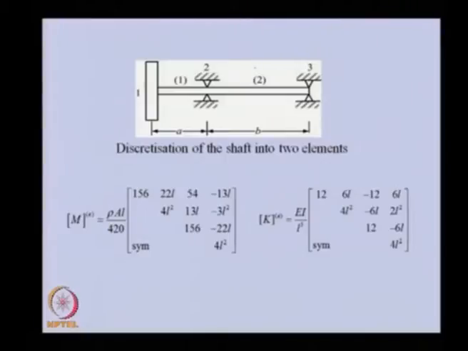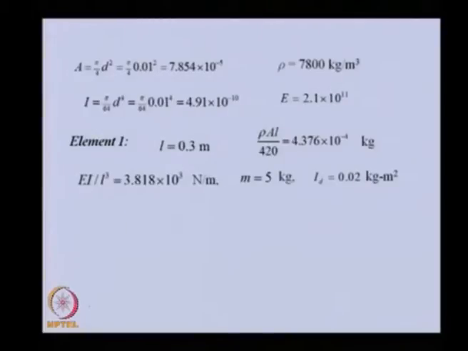This is the standard mass matrix and stiffness matrix for the Euler-Bernoulli beam element, which we will use for obtaining the elemental equation. We are considering the mass of the shaft along with the mass of the disc. Various properties, such as area and second moment of area, can be calculated from the given data.